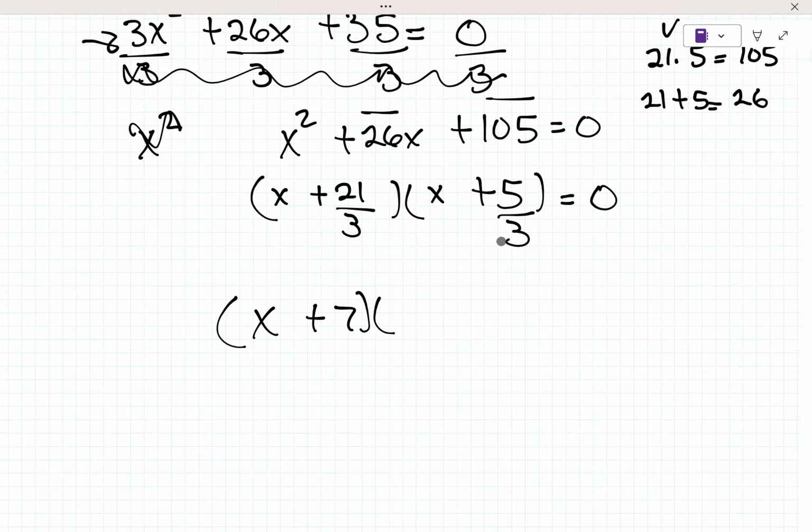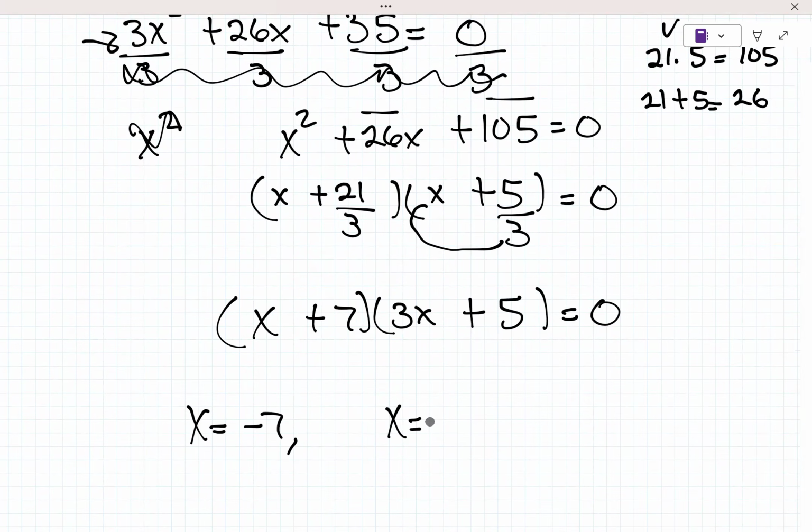No, it cannot. So what you're going to do is put the 3 in front of the x and leave the numerator. Okay, so when you actually solve for it, you're going to get x equals -7, and then x equals -5/3. If you're curious how I did that, I basically set each parenthesis at 0 and solve for x. So that's what I got.